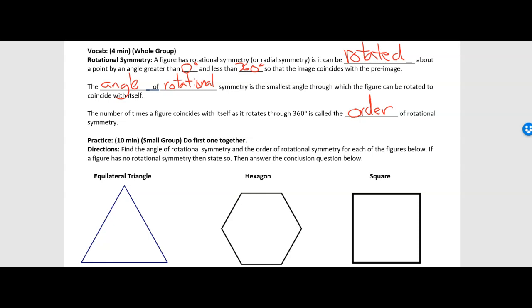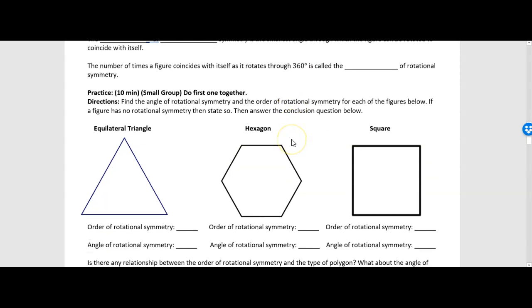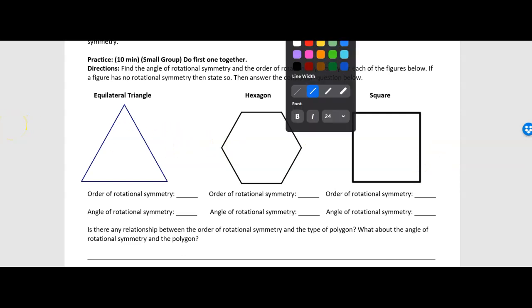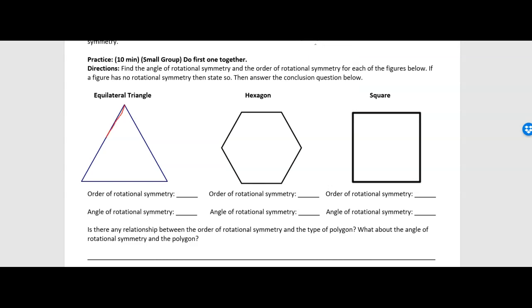Because I can't give you a physical manipulative, I'm going to use software to show you these rotations. But essentially, what you could do if you're at home is print out this page again and cut these figures out. So you could cut out the equilateral triangle and lay it directly on top of this one.